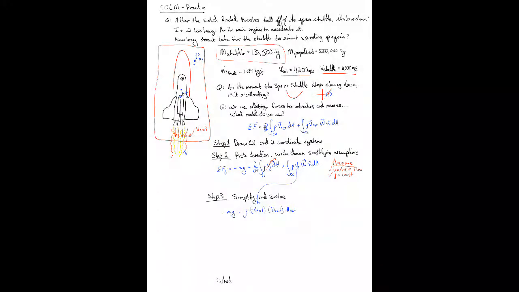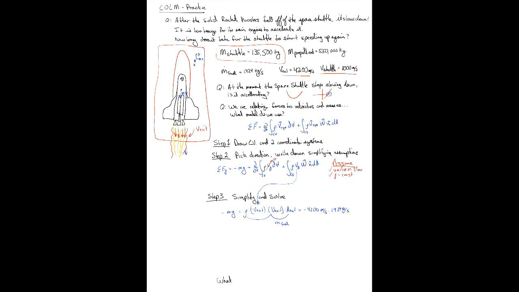So we can rewrite this as negative v exit, which is 4,200 meters per second, times our m dot, which is 1424 kilograms per second. And we find out that our m total, this is the mass of our fuel and rocket, is equal to that divided by 9.8 meters per second squared.